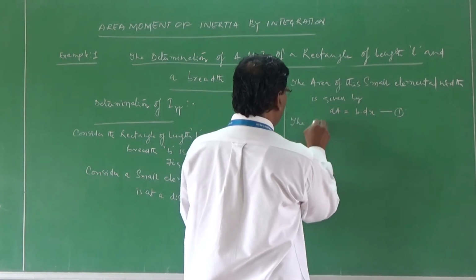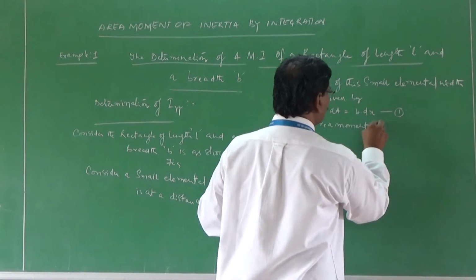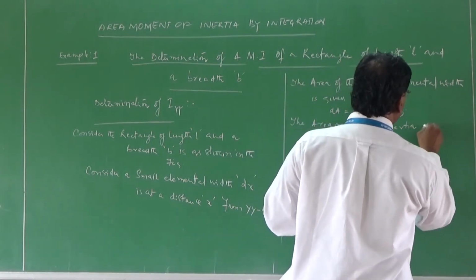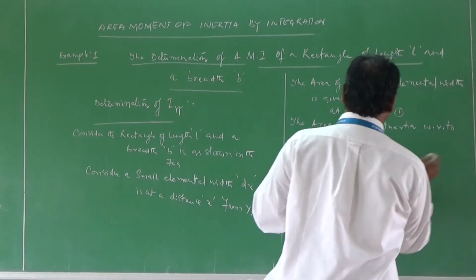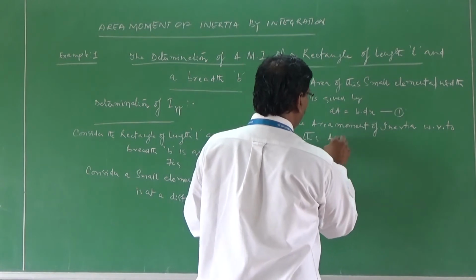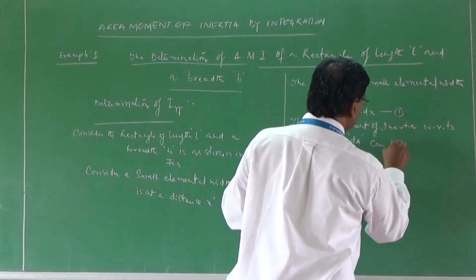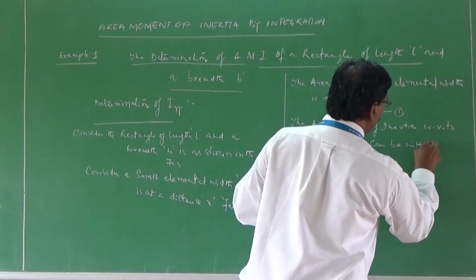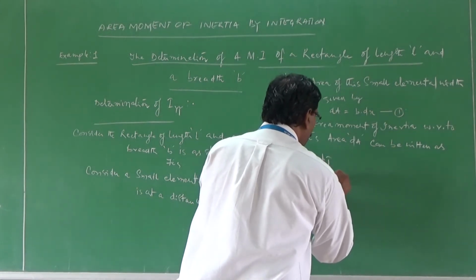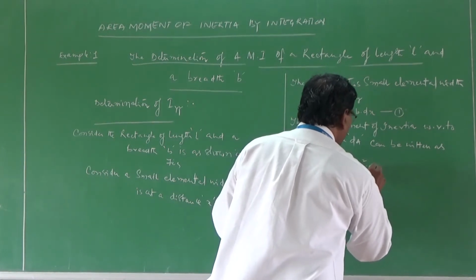The area moment of inertia with respect to this area dA can be written as dI_y is equal to x square into dA.